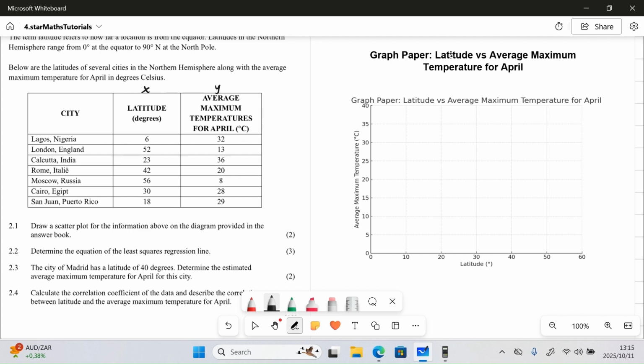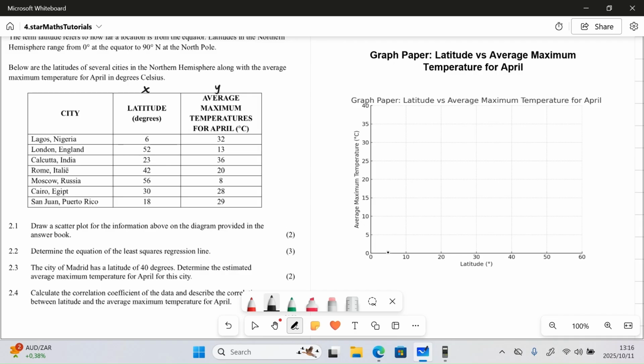Then we agreed that always the one that comes first is going to be on our x-axis, then the other one on our y-axis. Let's check. First point, our x value is 6.